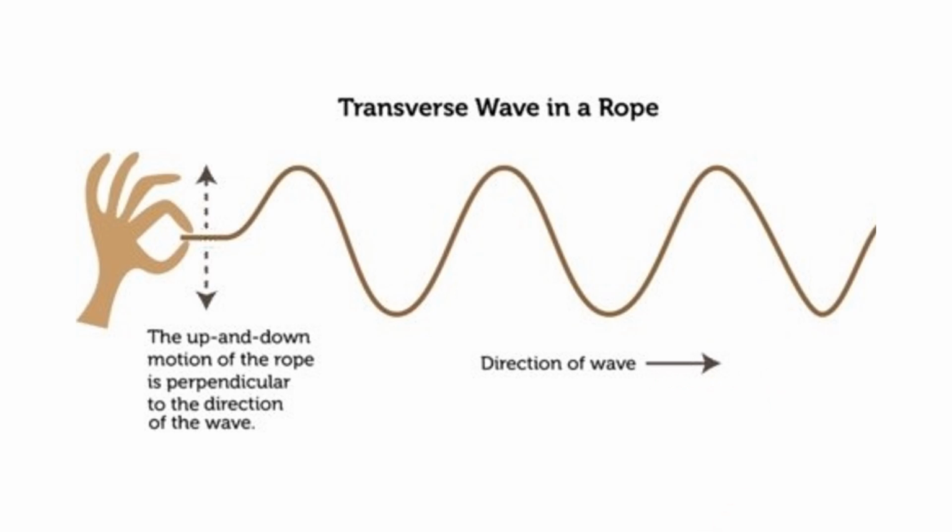Kaya, sabi dito sa nasa baba, the up and down motion of the rope is perpendicular to the direction of the wave. So, what does that mean? Yung wave motion natin ay papunta dito sa part na to. Tapos, yung atin namang particles ng ating rope, particles of the medium natin, ang movement naman niya ay up and down. Ganyan. So, perpendicular.